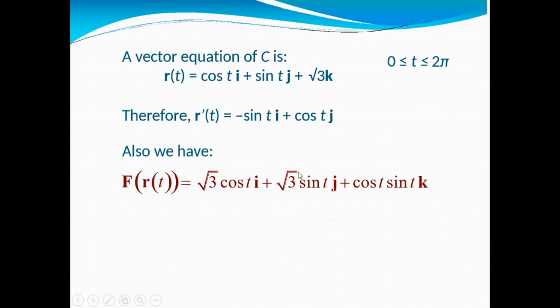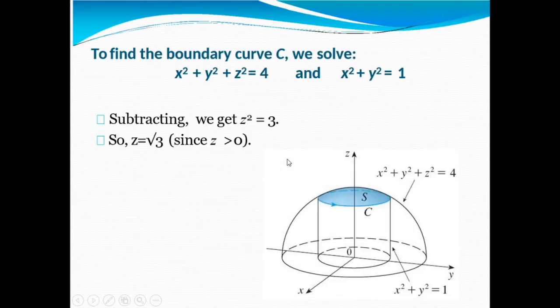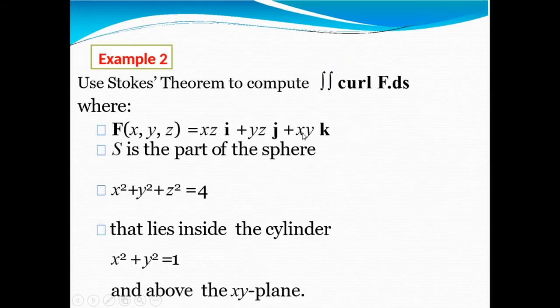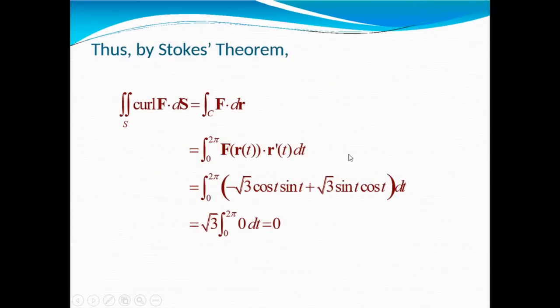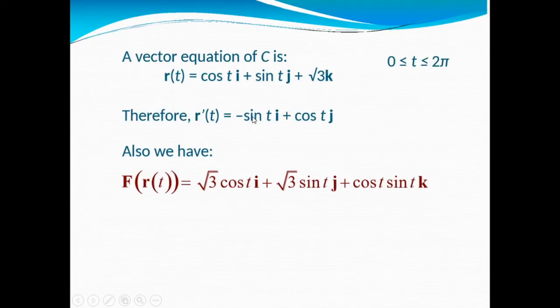In the same way for the third term, it is xy k. Our x is cos t and y is sin t, hence xy becomes cos t sin t into k.